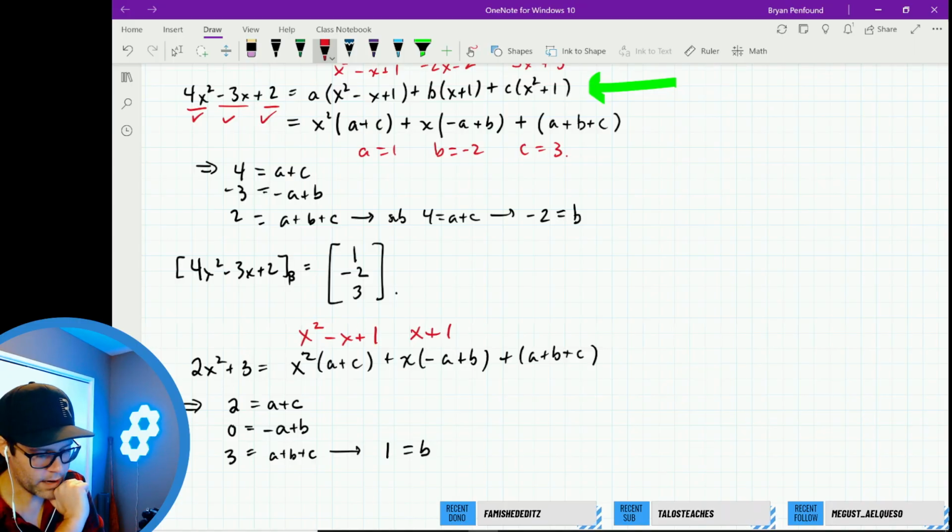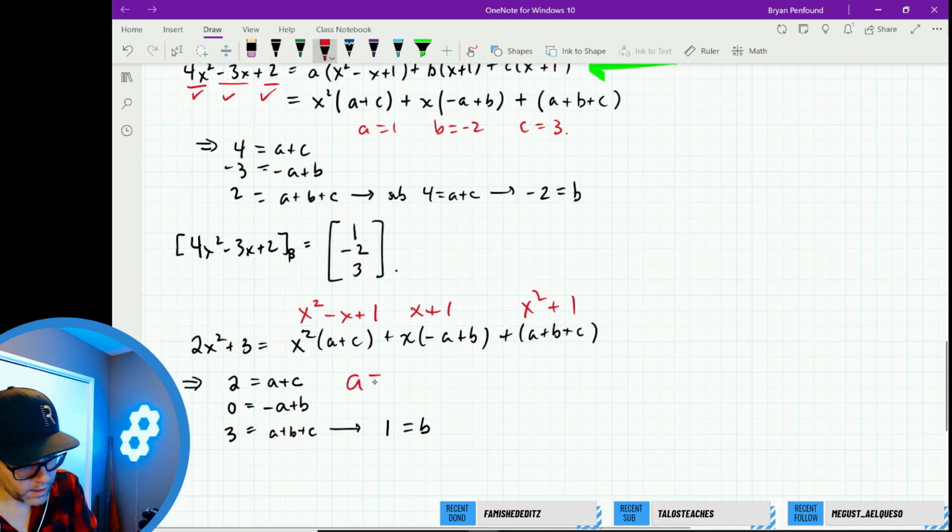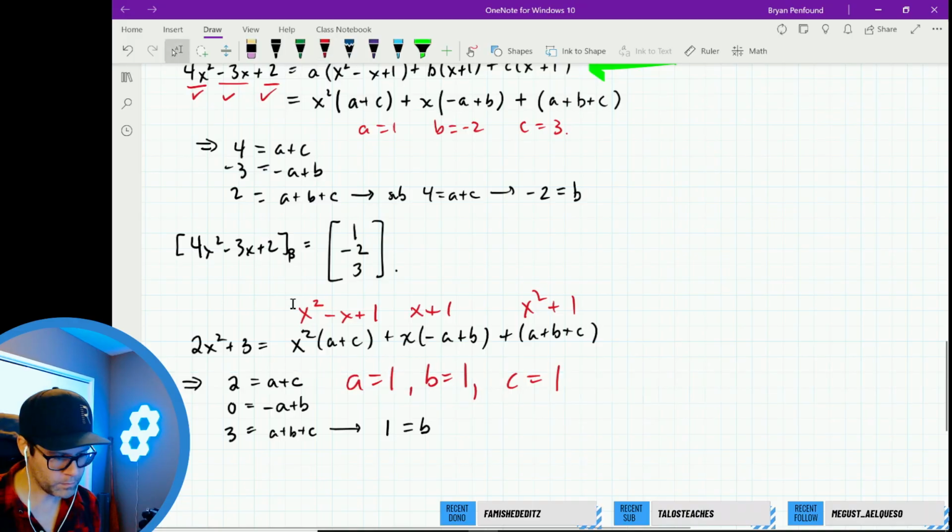So now our 0 x's are taken care of. We need 1 more x squared, so c must be 1. That's going to give us x squared plus 1. Does that give us our 3? Yes, it does. Okay, so I'm happy with that. So what did we decide on? We needed a to be 1, b to be... Oh, they're all just 1s, and c is 1. So everything is 1.